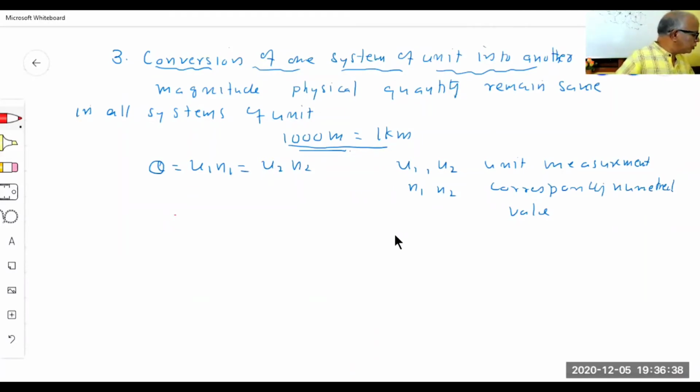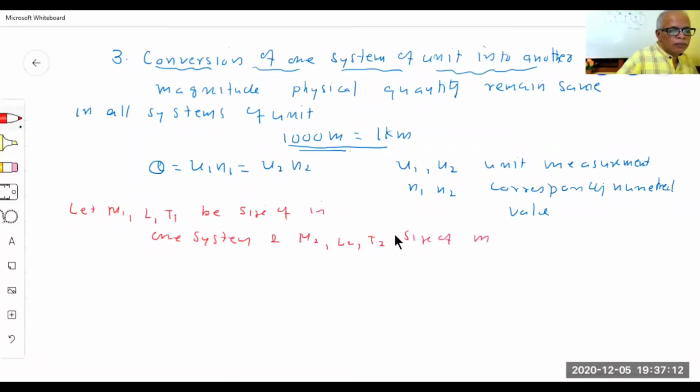Let M1, L1, T1 be the size of measurement in one system, and M2, L2, T2 be the size of measurement in the other system.